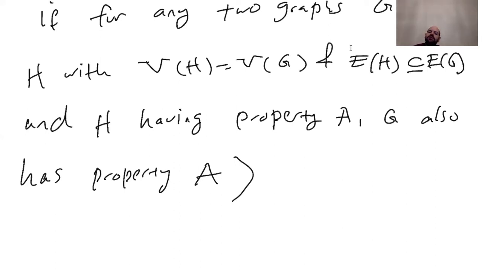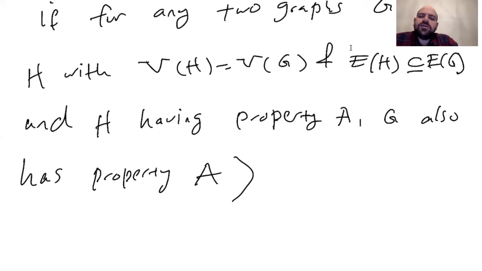In our context, property A means having a triangle in our graph. If the first one contains a triangle, then for sure the second one, which has the edges of the first one plus possibly some more edges, definitely also contains a triangle. So having a triangle is a monotone property.